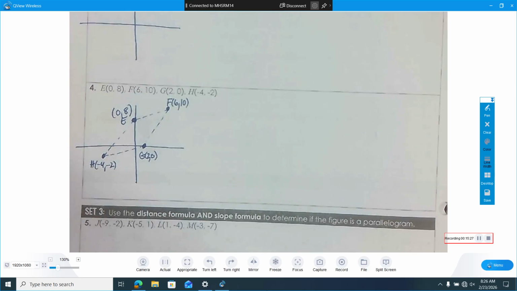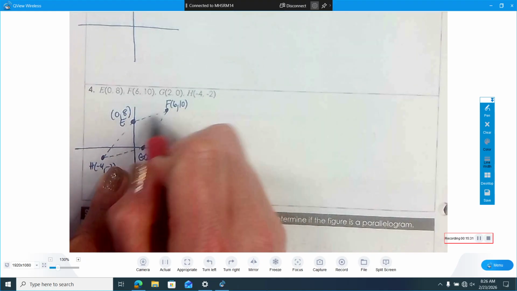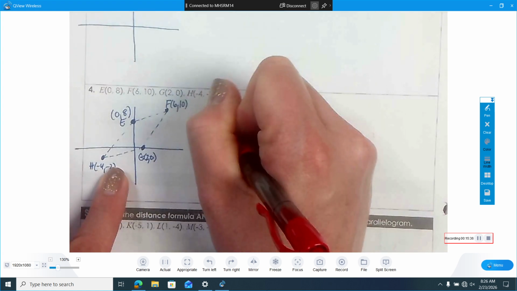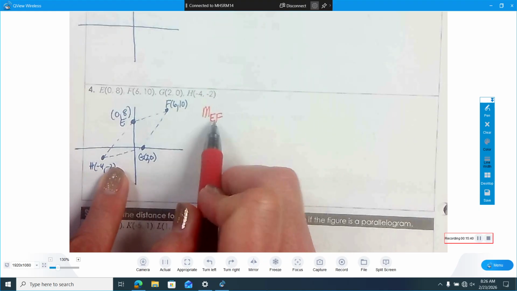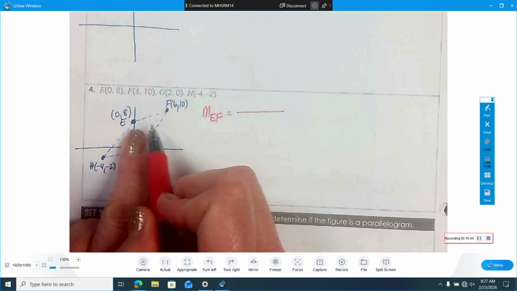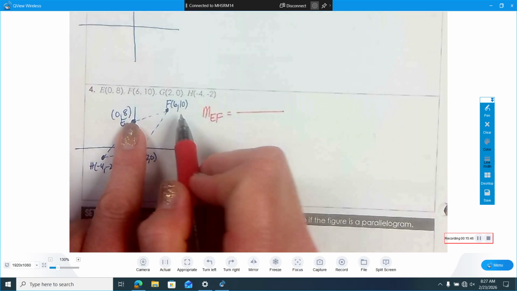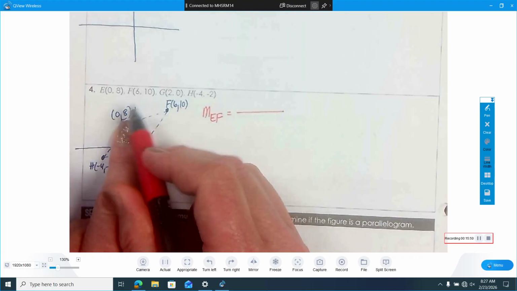Okay. So what I want to look at is the slope of this line right here using E and F. So once again, I'm going to use my famous notation here. M is for slope. E and F tell me which points I'm using. And so I am going to subtract my y's. Now this one we care very much how we subtract. So I'm going to do y2 minus y1.